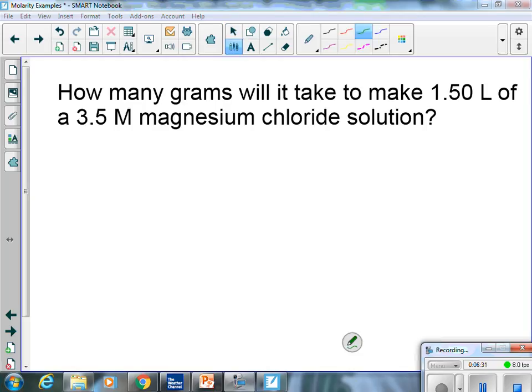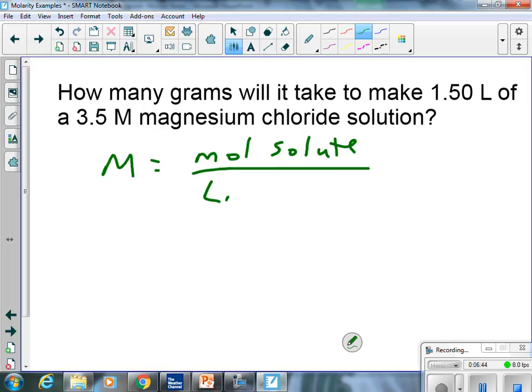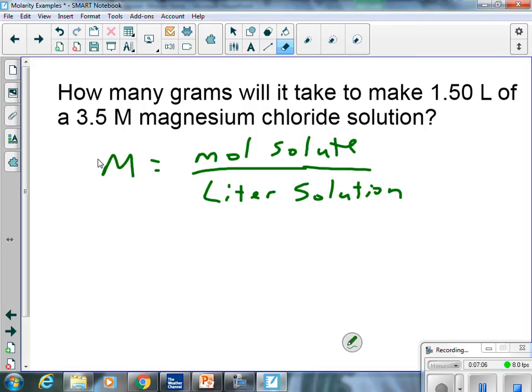I know that molarity is the moles of the solute divided by liters of solution. I'm just going to plug these in. So I know that I have a molarity here of 3.5.